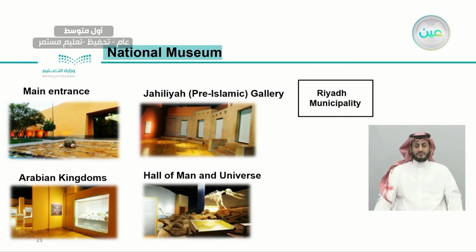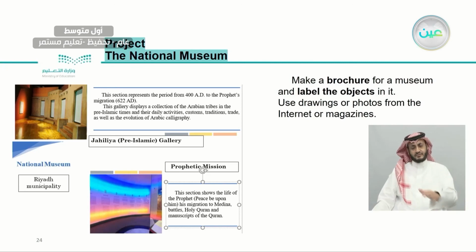Okay, and usually there will be a section for all the information that you need to read and know about the place. So this is the first thing I did in my project. I found all of those pictures and started to read about each section. And then I made my own project for the museum.